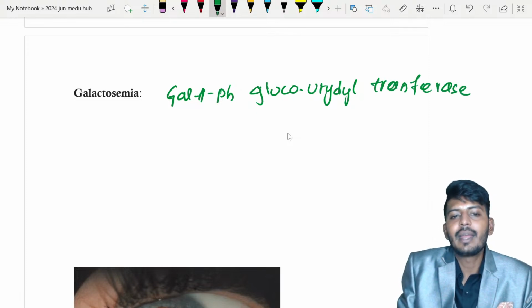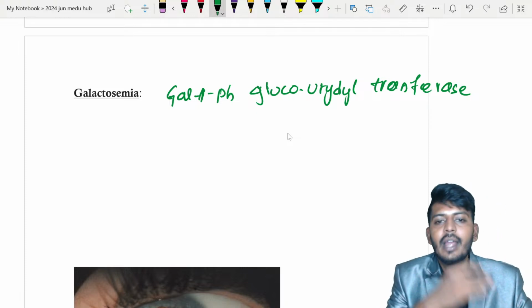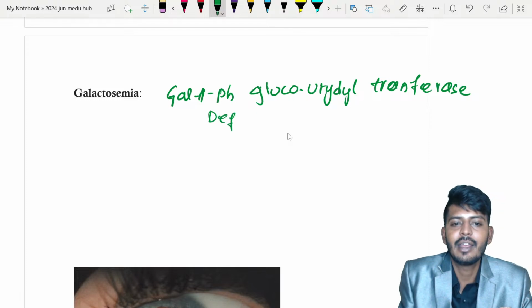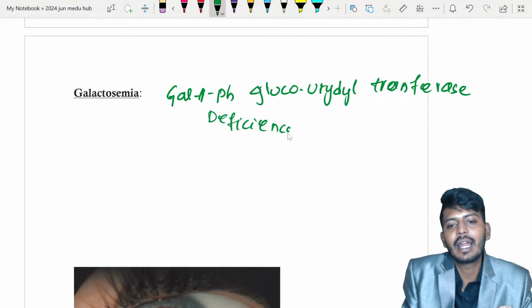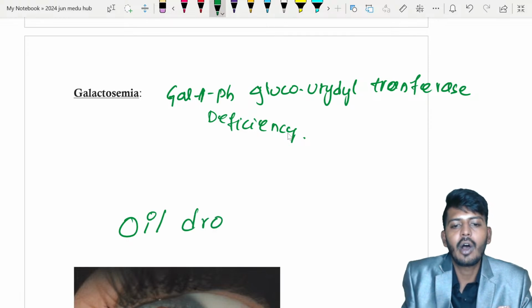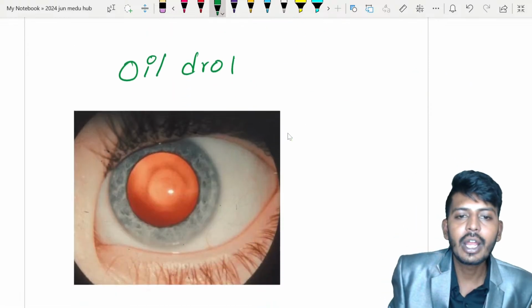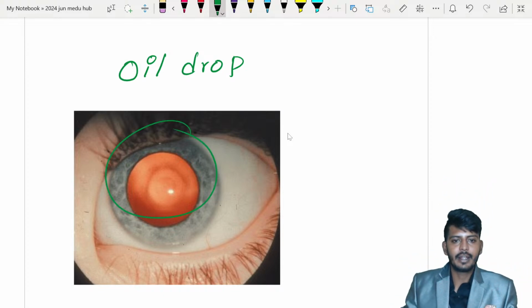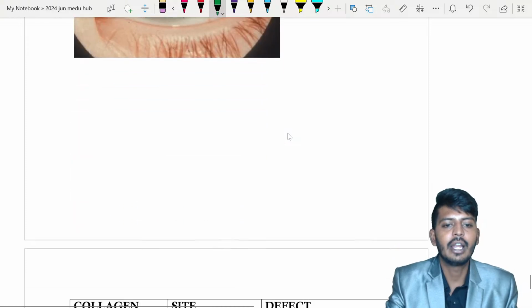So the name of the enzyme is galactose 1-phosphate uridyl transferase, and its deficiency will lead to what? Galactosemia patients will get something called oil drop cataract, as seen in this image. Oil drop cataract. So this is the story of your oil drop cataract.